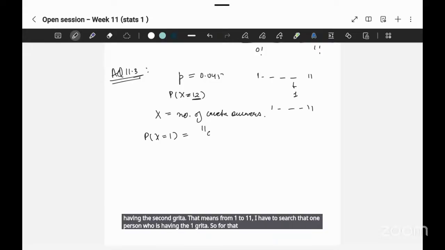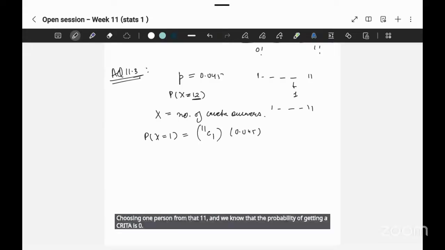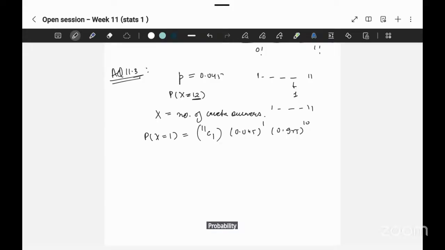For that I choose one person from the 11, and the probability of getting a Creta is 0.045 raised to the power 1, times 1 minus that, 0.955 raised to the power 10. This is the probability of getting exactly one Creta out of the 11 people.